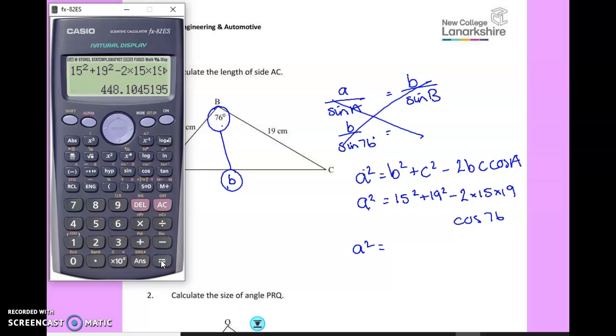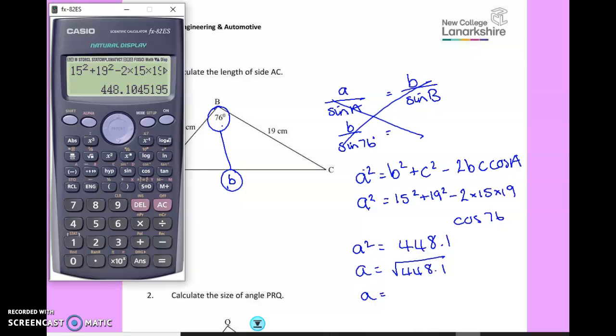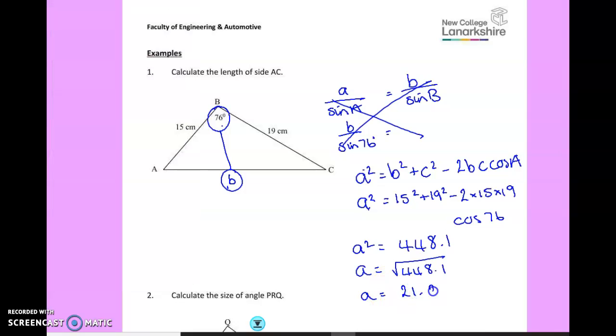That's 448.1. That's a squared. I don't want a squared, I want a, so I need to take the square root. Square root of 448.1 is 21.2 centimetres.